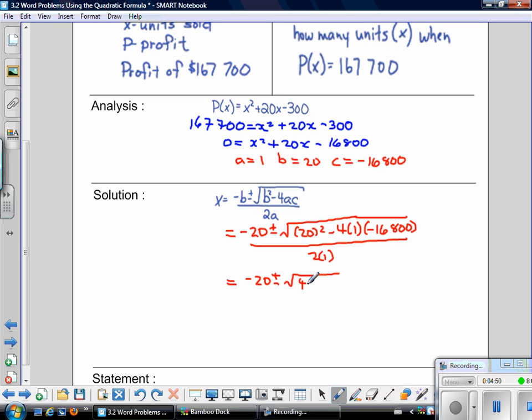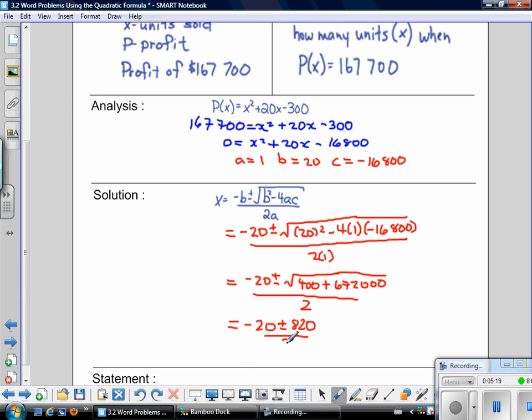So we have 400 plus 672,000, and that all over 2. And when we actually do that, we end up with negative 20 plus or minus, and I'm going to take the square root, so 820 all over 2.